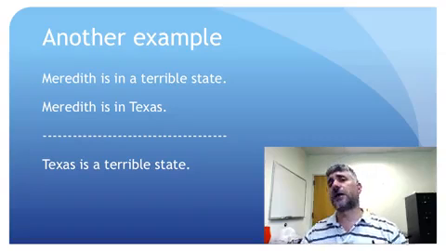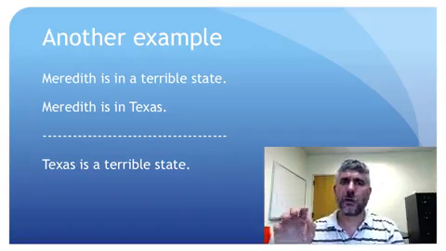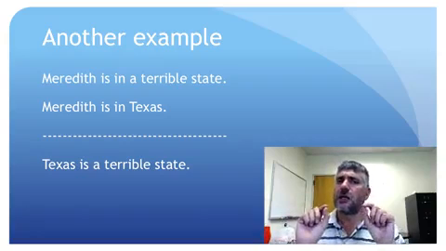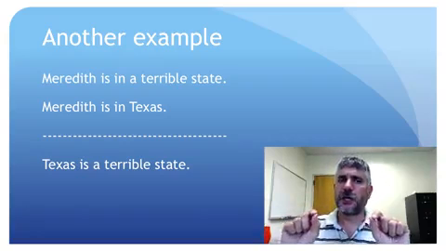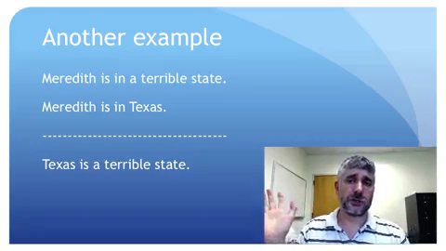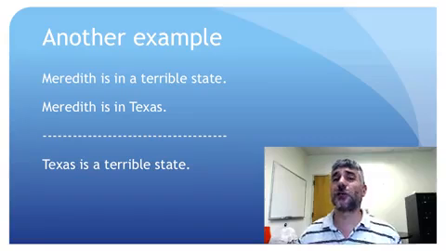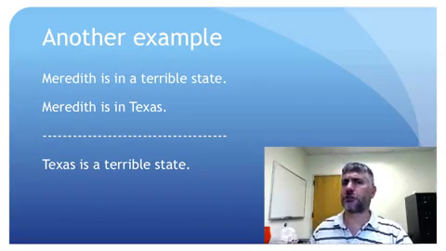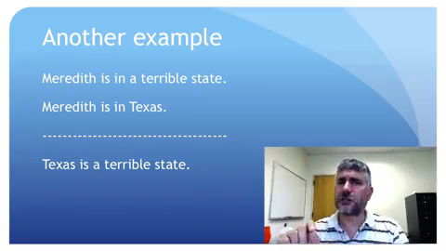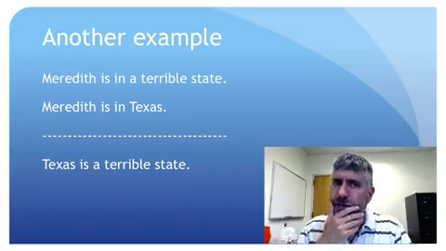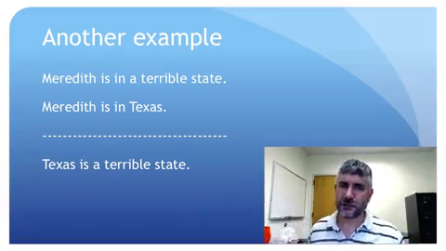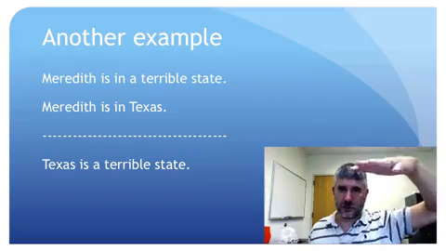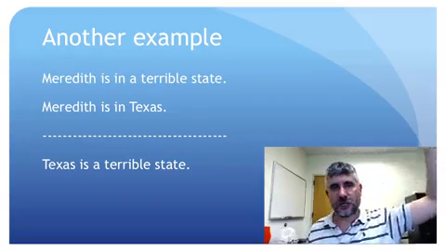Now, apart from the question of whether or not the conclusion is true, I'd like you to notice that if the first premise is understood as it most plausibly is understood, as meaning that Meredith is in a terrible psychological state, let's say she's depressed, or she's very anxious, or she's upset, then the argument is a fallacy. I mean, superficially, it might seem valid. Meredith is in a terrible state. Meredith is in Texas, so Texas must be a terrible state.